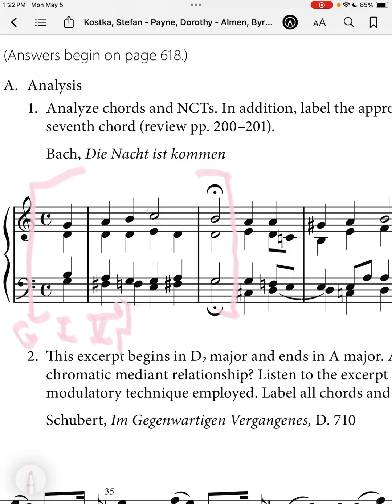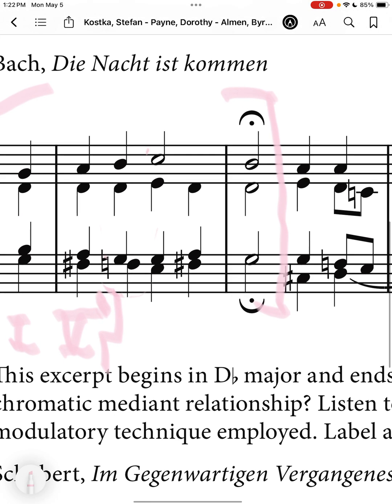This would be a 5 right here, that G automatically gives it to be the 5 in this new key. So that is going to be C. Did it modulate itself?